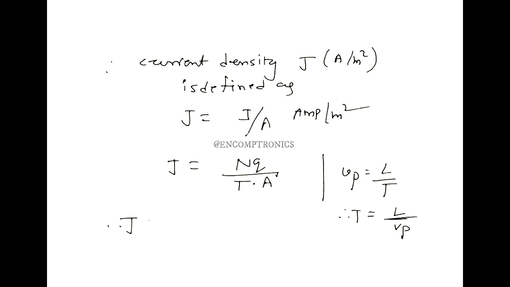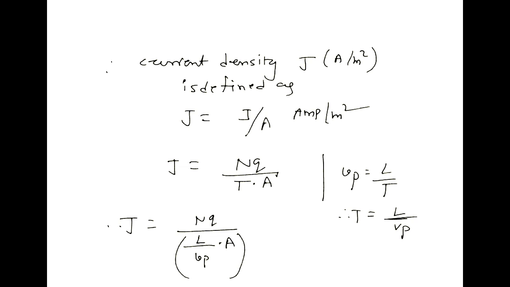Therefore, J is equal to N Q by T, which is N Q into drift velocity by L A. So I am writing like this: N by LA into Q Vd.